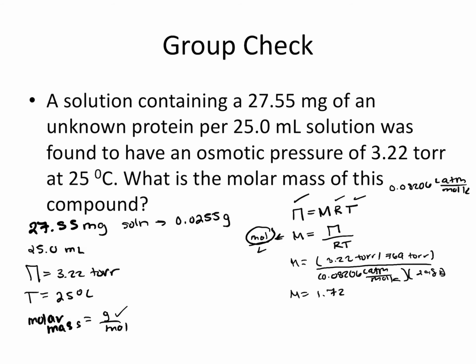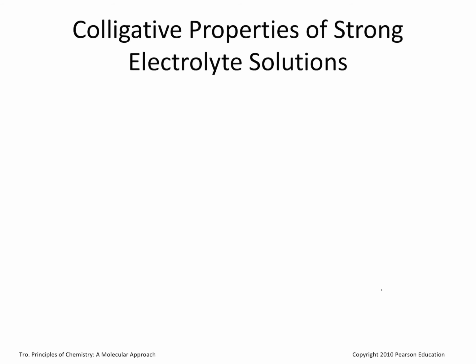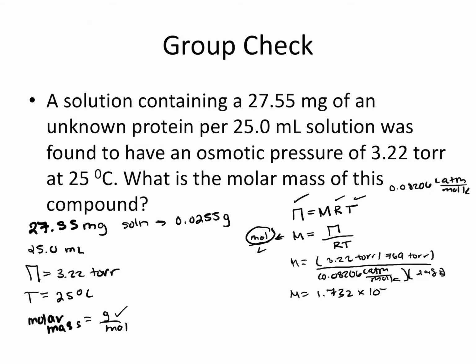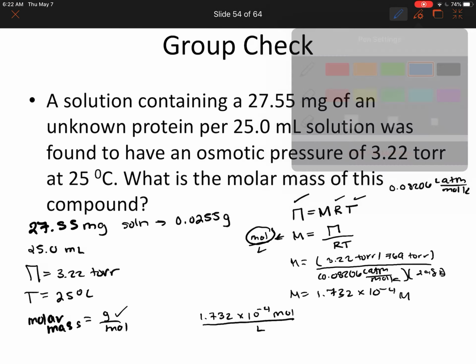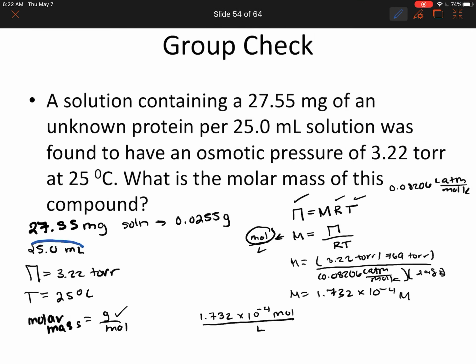So 3.22 divided by 760. You divide that by 0.08206 times 298. That's equal to 1.7232 times 10 to the negative fourth molarity. Okay, so I have 1.732 times 10 to the negative fourth moles over liters, and I want moles.